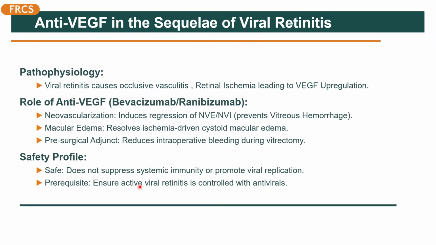As you know, in many cases of viral uveitis, there might be severe vasculitis leading to ischemia and new vessel formation or intractable macular edema, or before surgery like vitrectomy for patients with organized vitreous hemorrhage, as in vasculitis and so on. In these cases, anti-VEGF was found, based on clinical study, to have no role in immune modulation, and you can use it in such cases.